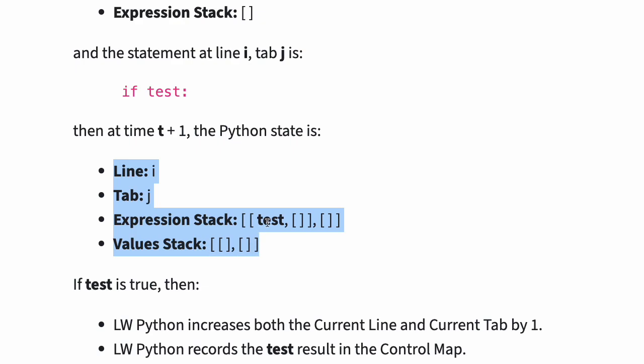If test is true, then LWPython increases both the current line and current tab by 1, and LWPython records the test result in the control map.